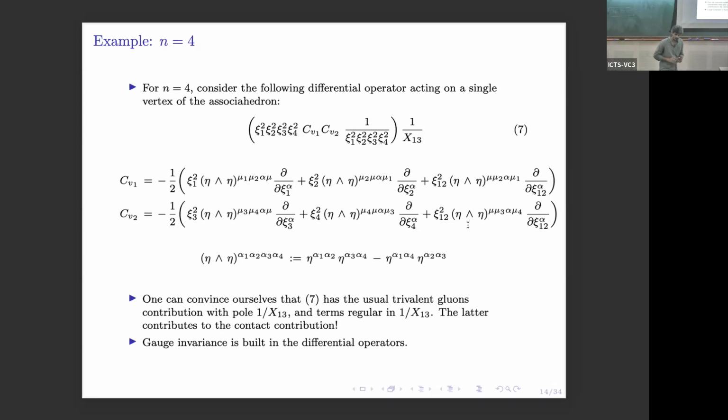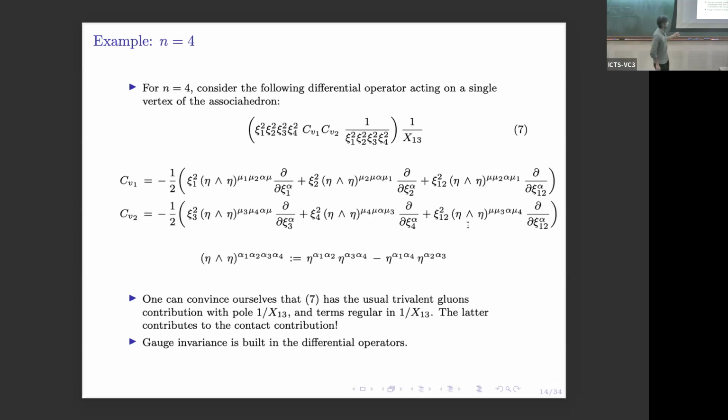Sorry, x13 can be just pulled across? No, not pulled across. CV2 has the derivatives with respect to that. Let me say that x13 is 1 over xi12 whole square, so differential operators do act on that pole. So del xi12 will act on it.